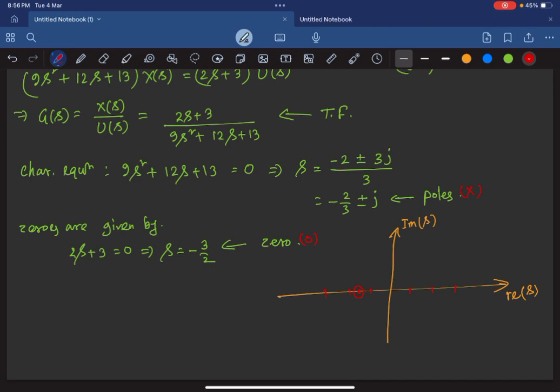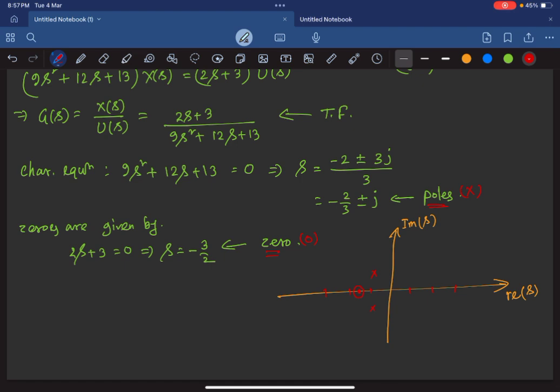So here minus 2 by 3, somehow you will get this one and this one as the poles. These are the poles, and this is the only zero. So this is how we can represent the transfer function with the corresponding poles and zero.